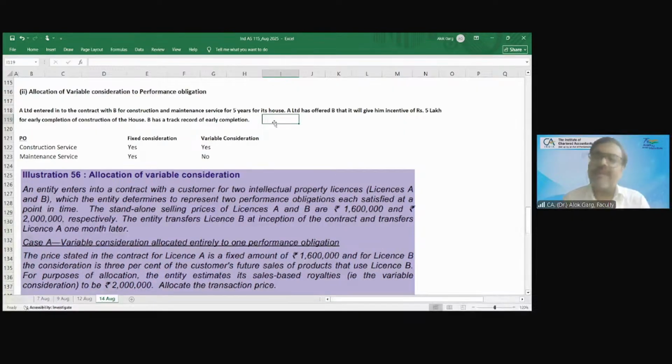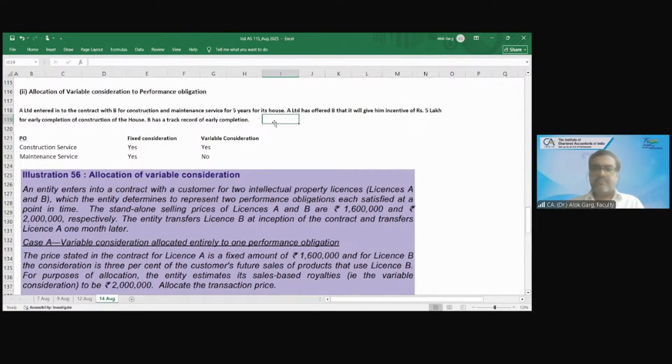So, taking an example, A Limited has entered into a contract with B for construction and maintenance service for 5 years for its house. So how many performance obligations are there in this case?